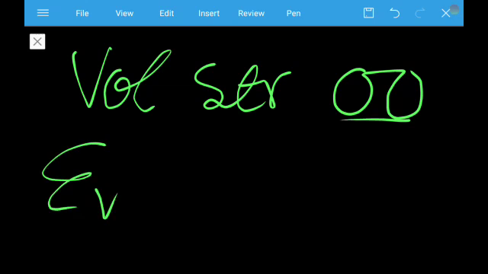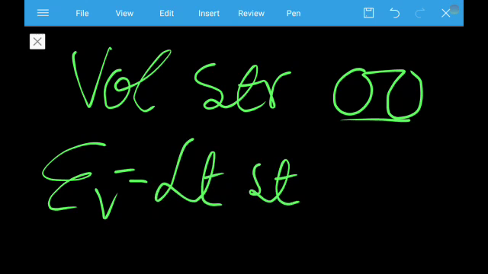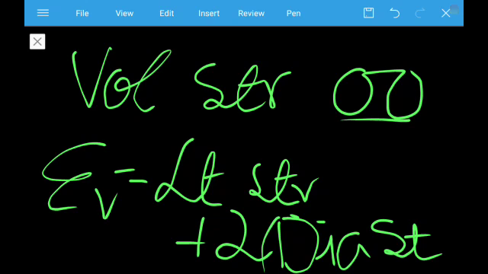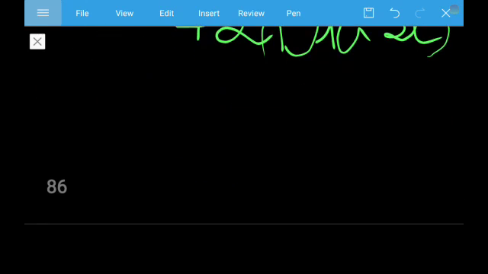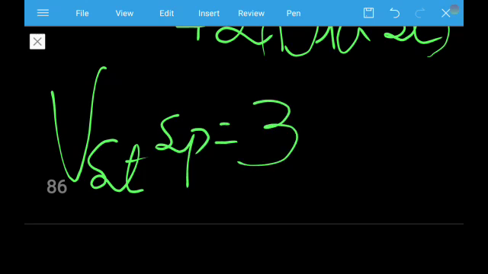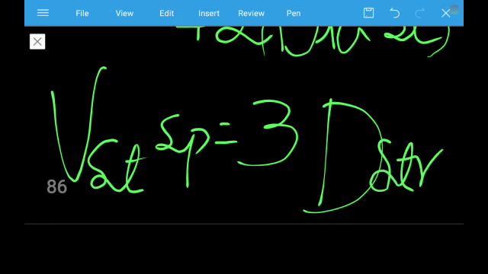So epsilon V is longitudinal strain plus 2 times diametric strain. Now volumetric strain in a sphere is 3 times diametric strain. Clear?